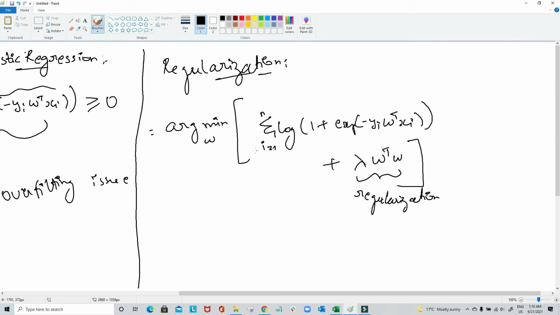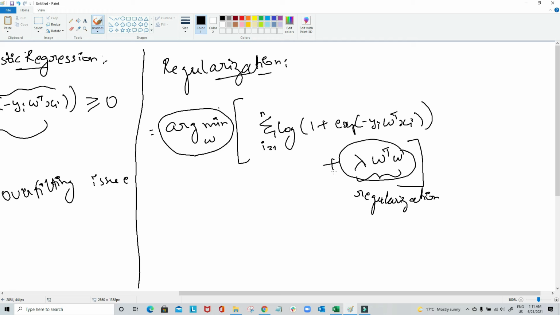What it makes sure is, when w tends to infinity, even though this tends to 0, this value would tend to infinity. So the minimum value for this expression will not be attained for both the cases, when w tends to infinity and w tends to minus infinity. So using this regularization term, the overfitting issue is eradicated.